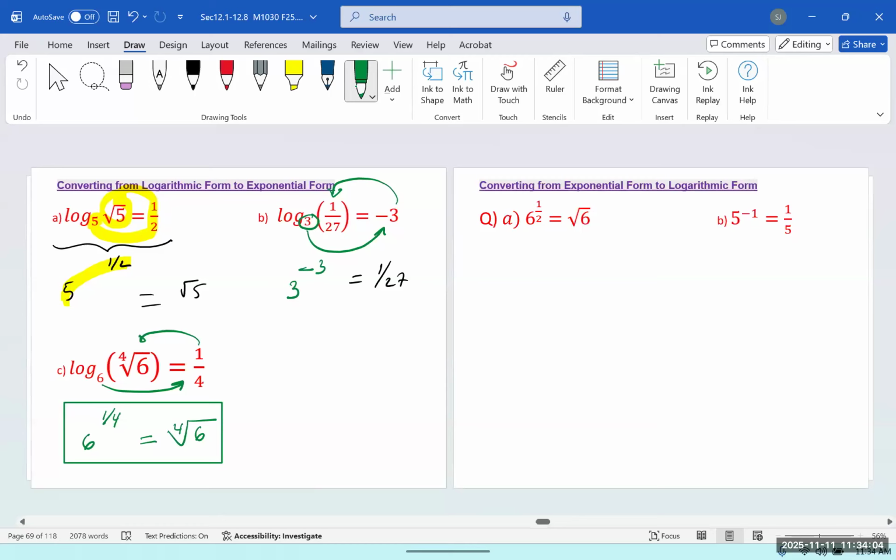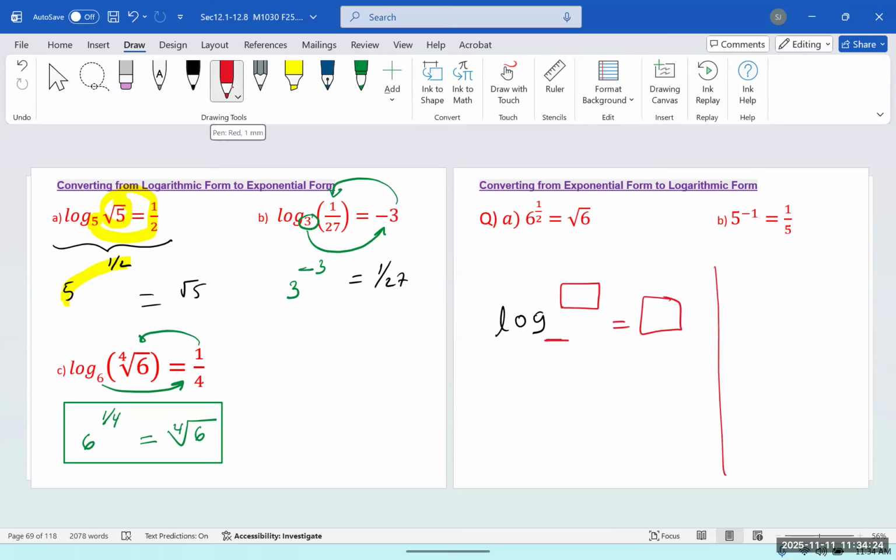Now let's go backward. We are given exponential, turn them into logarithmic. So when you do logarithmic, you write log. So you need to replace your base, your argument, and this side. Amar. What is your base?